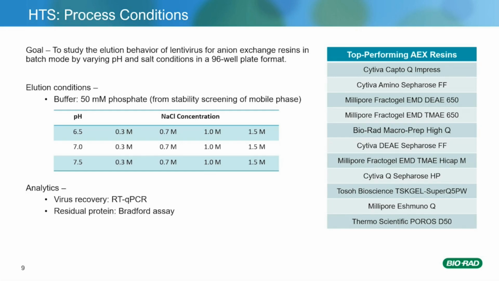While the pH was evaluated at three different conditions, that is, at pH 6.5, pH 7, and pH 7.5, the salt concentration was evaluated at four different conditions, that is, at 0.3 molar, 0.7 molar, 1 molar, and 1.5 molar sodium chloride concentration. The resulting elution fractions were then analyzed by RT-qPCR technique to determine the percent lentiviral recovery in terms of their physical titer, and the residual protein impurities were analyzed by Bradford assay.